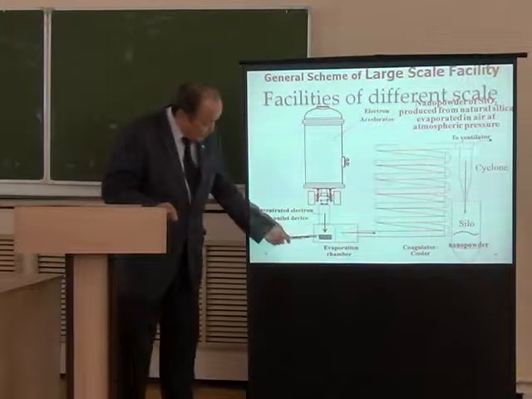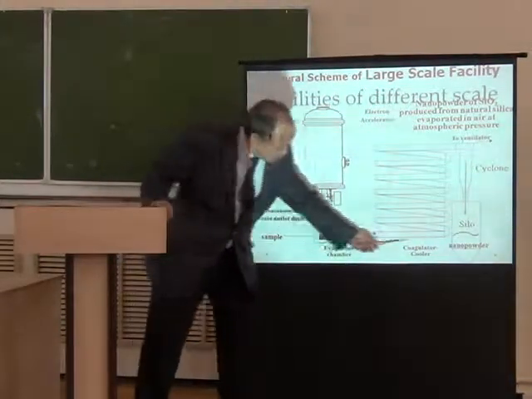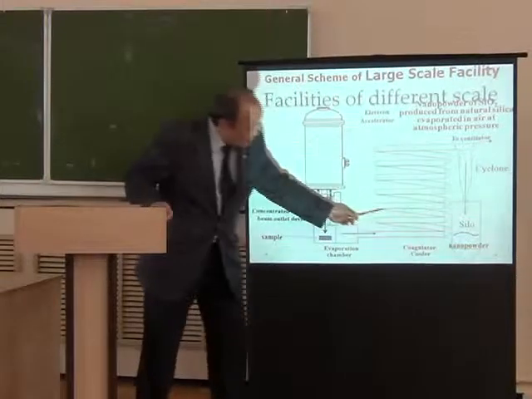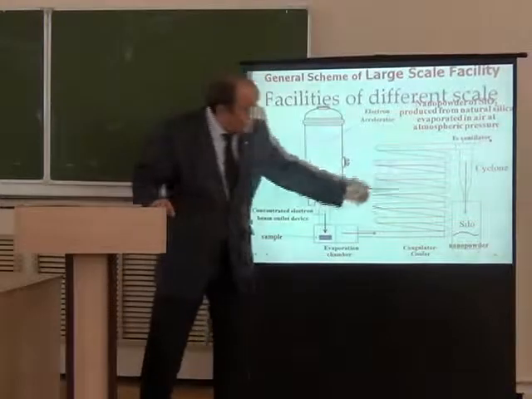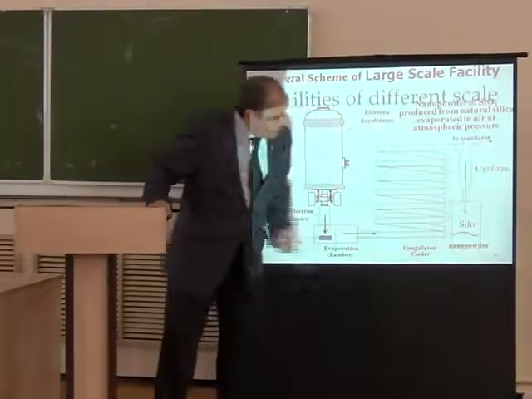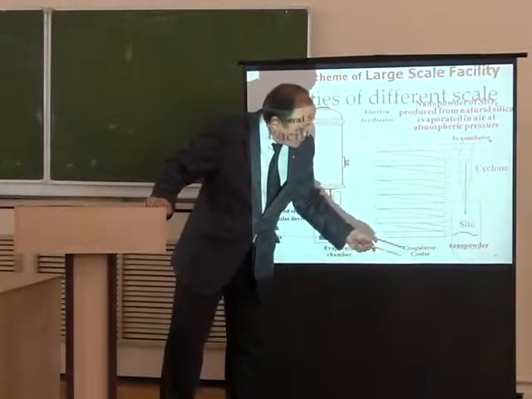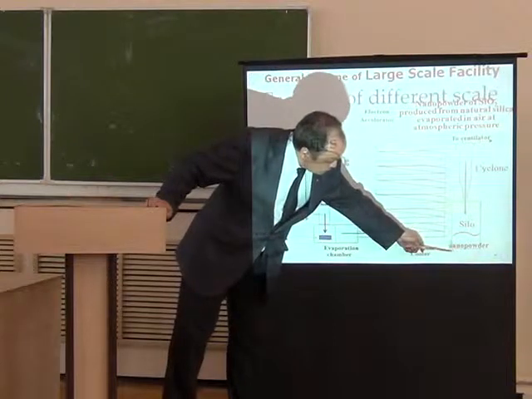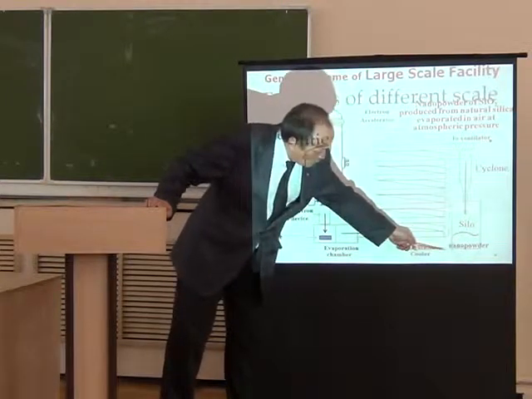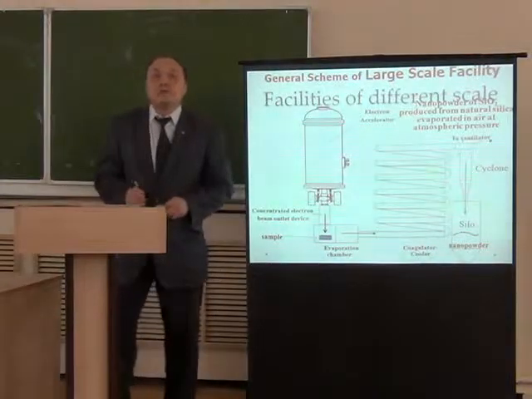Vapor from this sample moves to the long tube. In this tube, vapor is coagulated, forming nanoparticles that are put in this silo, and in this place we can see nanopowder. Do you understand?